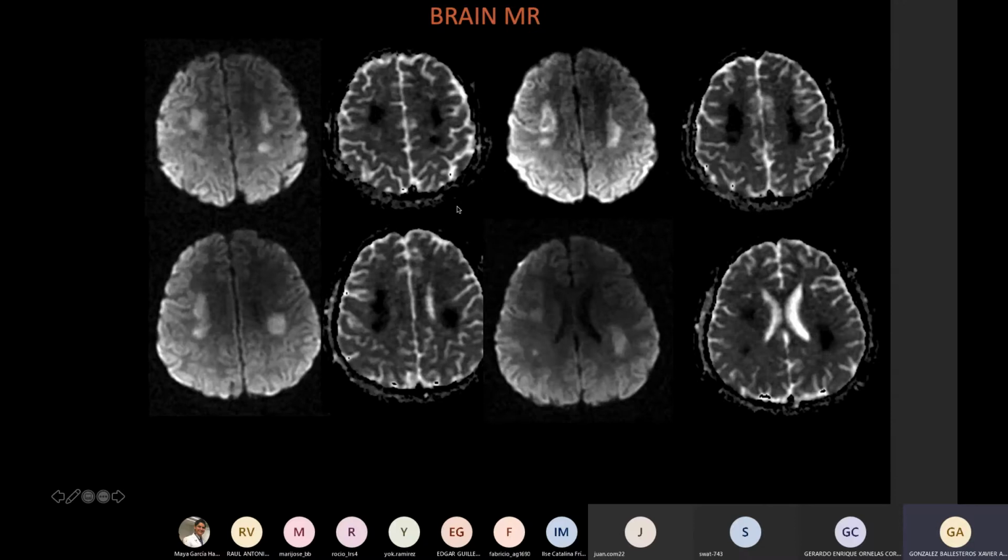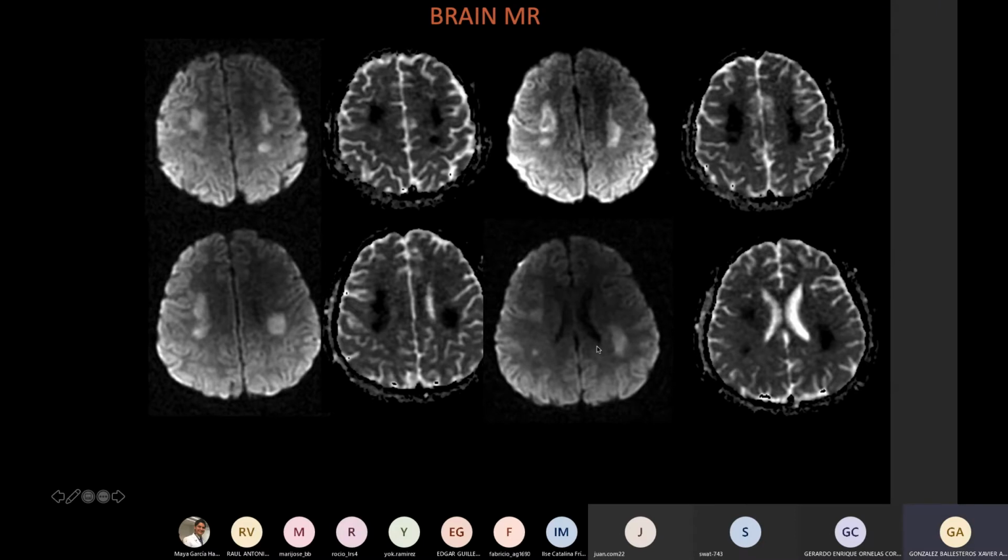So the brain MRI was performed, and here I am going to show you the representative images: the diffusion and ADC map that show some areas of restricted diffusion, with hyperintensities on diffusion corresponding with low signal on the ADC map at the bilateral centrum semiovale, and also at the corona radiata and the periventricular white matter.